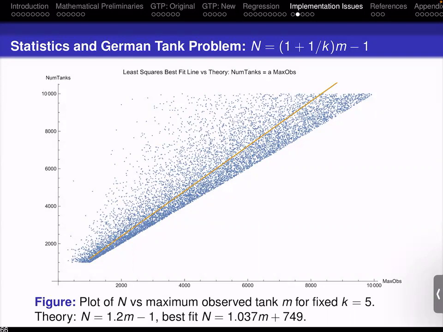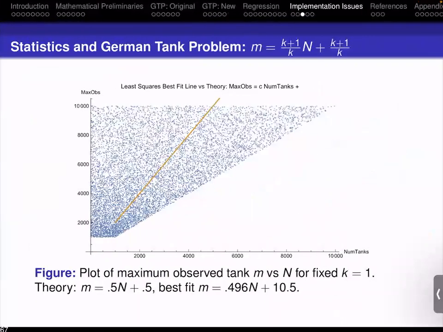Here, I'm putting on the x-axis what I measure, the maximum observed tank, and on the y-axis what I'm choosing, my n. I flipped them, and that's what's causing the trouble. Just the way I think about things, that's how I should do it. But let's flip it. Let's put the number of tanks on the horizontal axis and the maximum observed on the vertical.